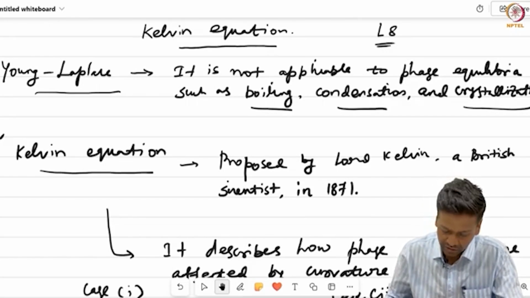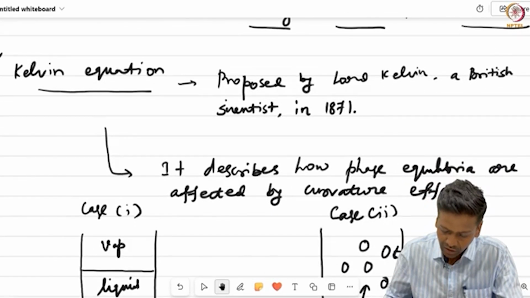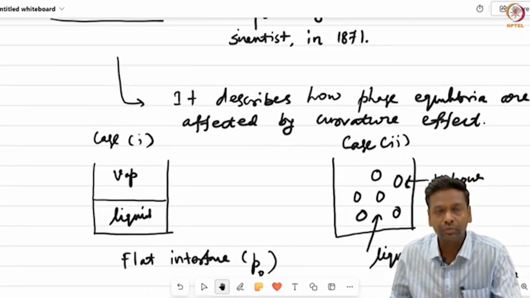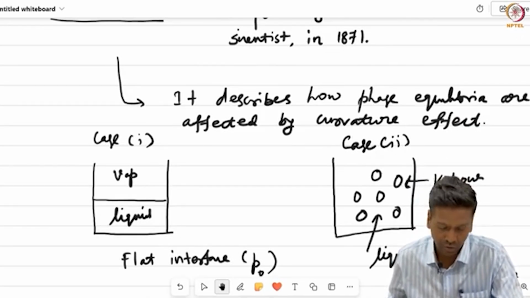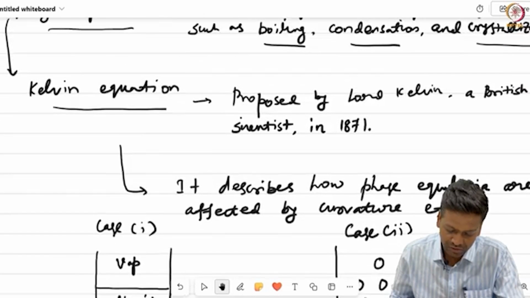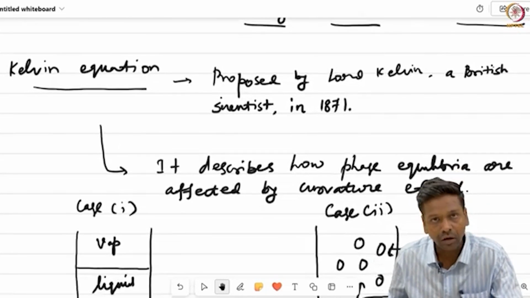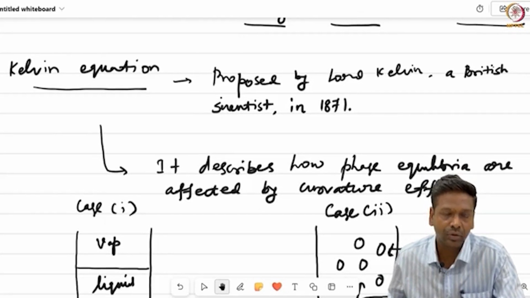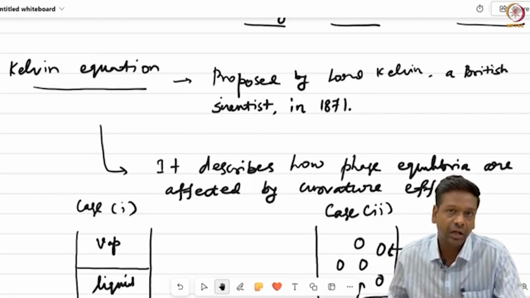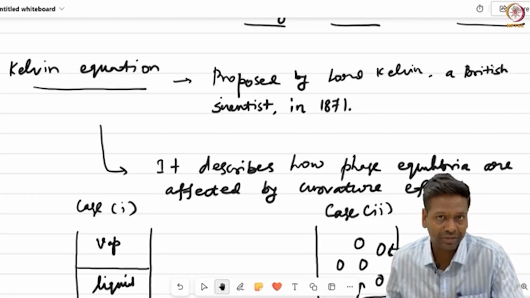So in this equation, one can also describe how phase equilibria are affected by what is known as the curvature effect. Okay, so this equation was proposed by Lord Kelvin himself. He is none other than the scientist who discovered the absolute temperature scale.